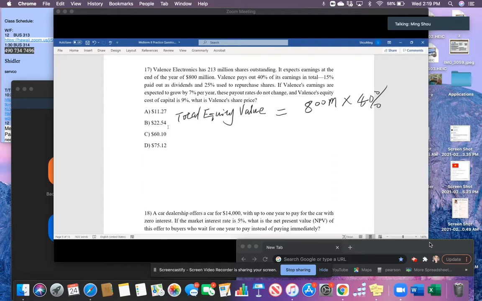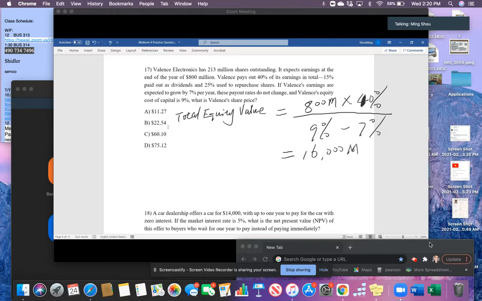And this total dividend, or the total payout, will grow at a constant rate equal to 7%, right? So we use 9% minus the growth rate 7%. By doing that, we can easily calculate the total equity value equal to 16,000 million US dollars. So this 16,000 million US dollars is the total equity value.